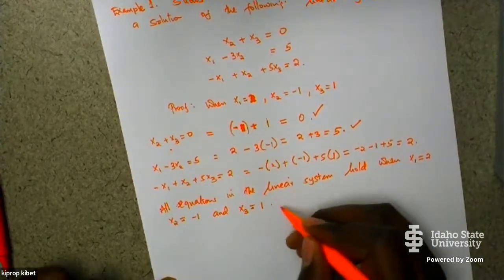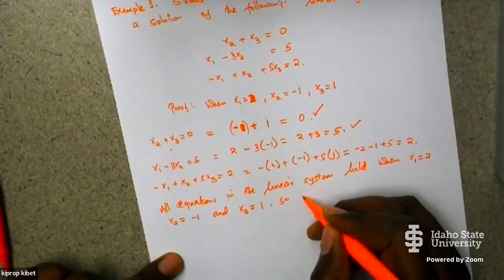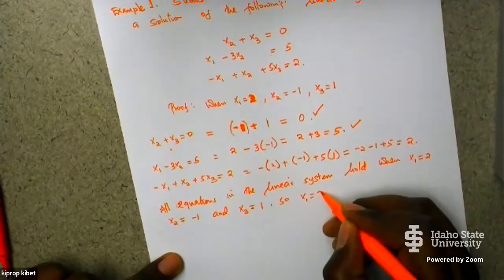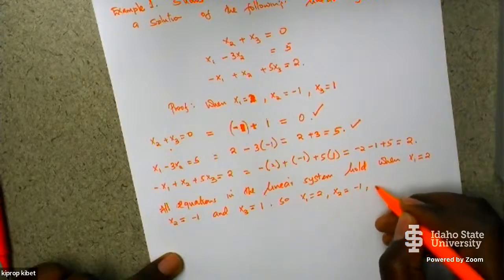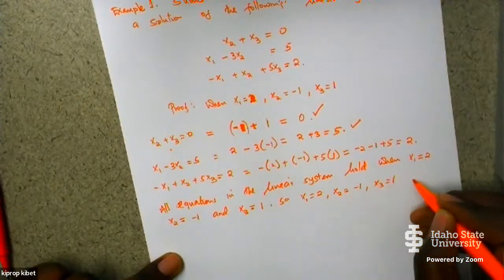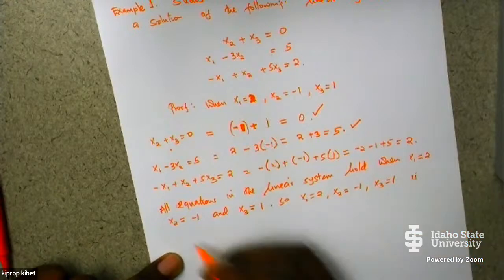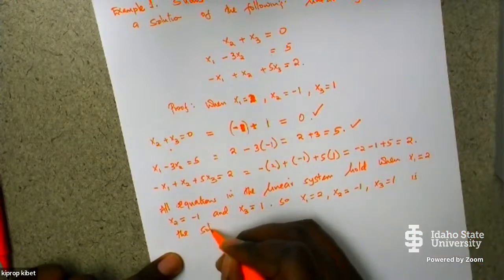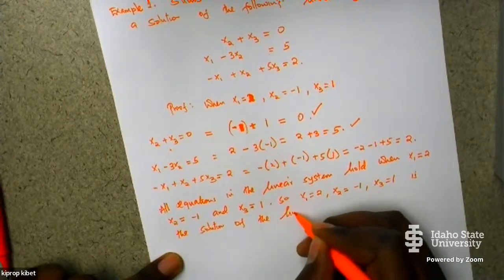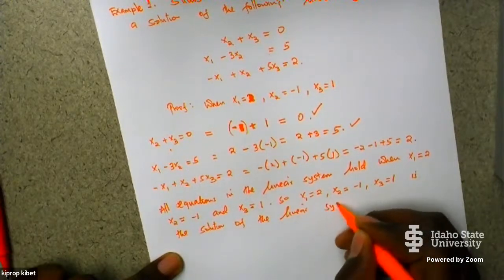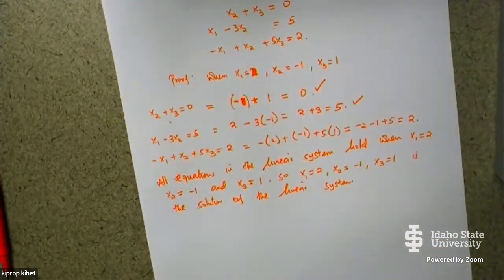So we can say that x1 equals 2, x2 equals negative 1, x3 equals 1 is the solution of the linear system. Any questions?